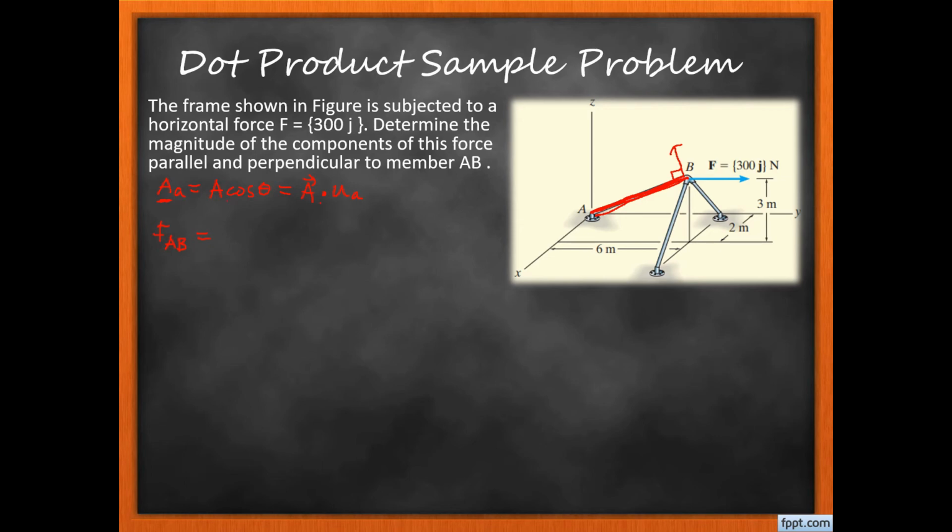So yan pala yung force AB is equals to the Cartesian vector of vector A. Pero hindi naman vector A yung given. Ang given is vector F. Yung vector F natin dapat naka-Cartesian vector form. So luckily, yung ating vector F is naka-Cartesian vector form.